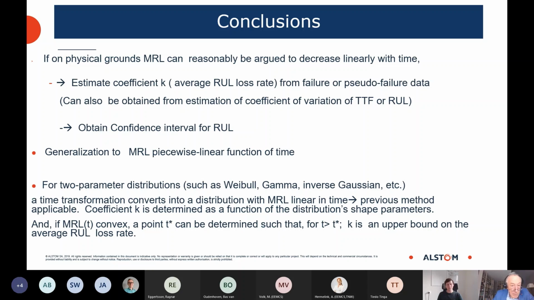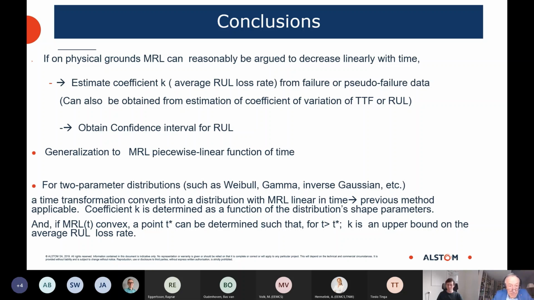Then if we deal with two-parameter distributions, such as Weibull, gamma, inverse Gaussian, you can add log normal, etc. to the list, various kinds of degradation processes, then we can find a time transformation that converts that distribution into one which has an MRL linear in time, like in the special case. And then the previous methods are applicable using the non-linear transformation.